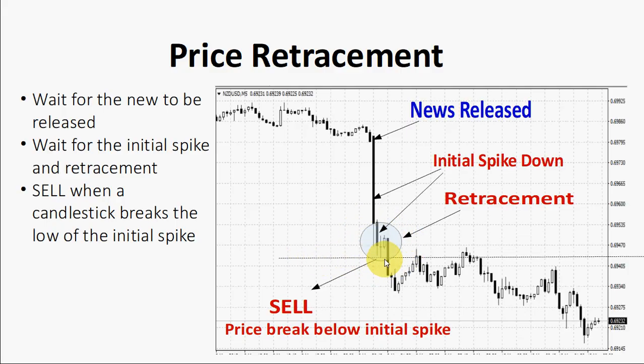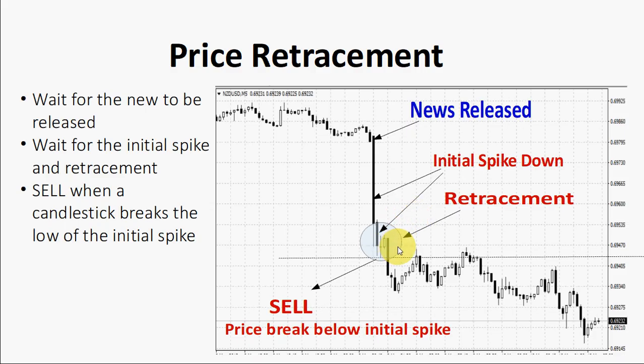So you sell the breakout after that retracement. You see the initial spike, they form a low, and then the low is being taken out by the next candle. This is where you go short, and you can put your stop loss just above this retracement pack here. Put your stop loss just above this area.